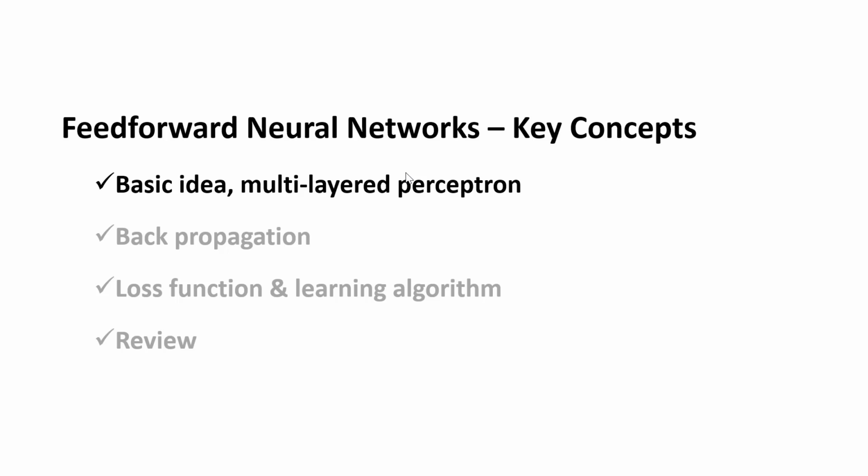In the key concepts for feed-forward neural networks, we look at the basic idea, the multi-layered perceptron, the backprop, and the loss function and the learning algorithm. And finally, we'll review all of them together as to how they work. This will form the foundation for understanding the whole idea and the principle behind physics-informed neural networks.